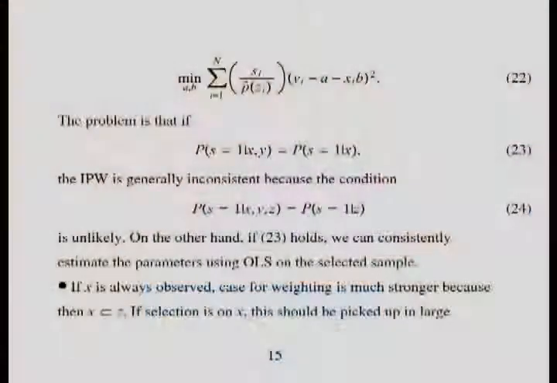Now suppose there's this issue of whether one should use weights if we think that selection is what we would typically call exogenous. Let's say we're doing linear regression. The same sorts of issues come up if we're doing nonlinear regression or maximum likelihood, too.